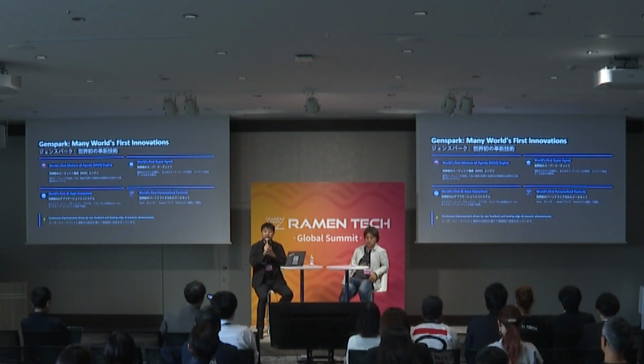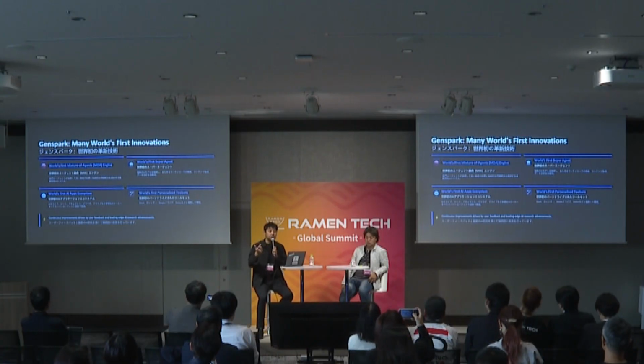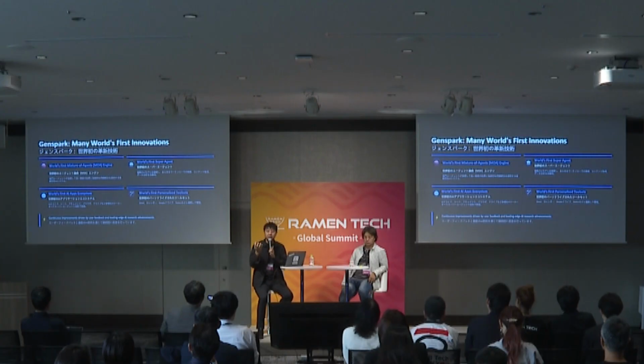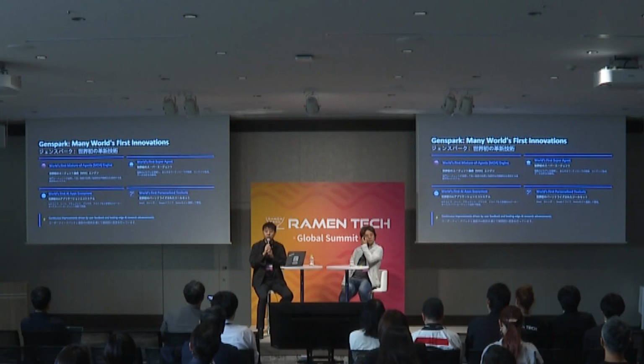Firstly, we built the first mixture-of-agents engine. We use 9 different-sized models from OpenAI, Anthropic, and Gemini, and combine those models in this mixture-of-agents engine. Secondly, based on the mixture-of-agents engine, we built the world's first super agent, which means that one agent can do all different tasks for you.